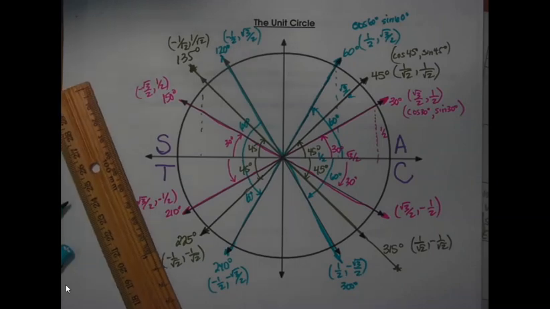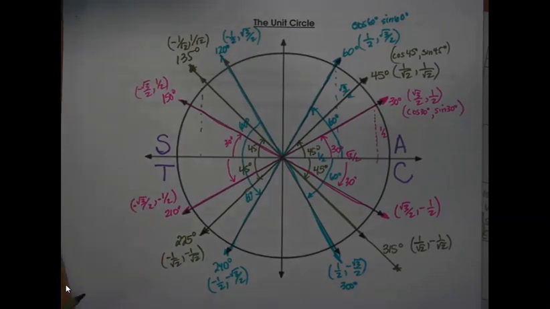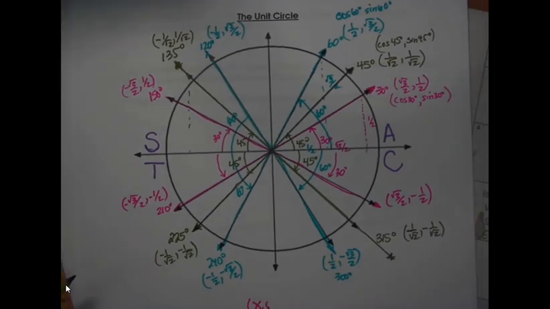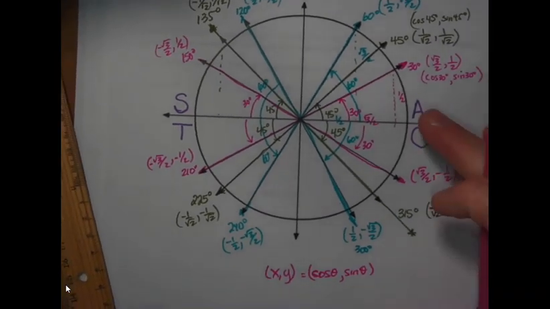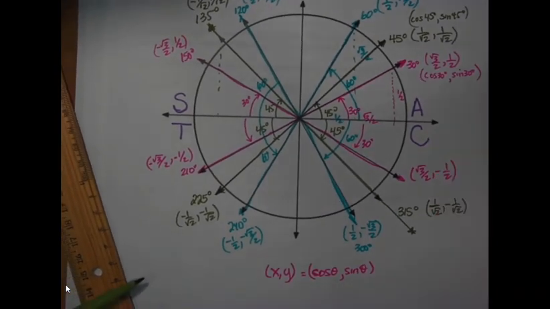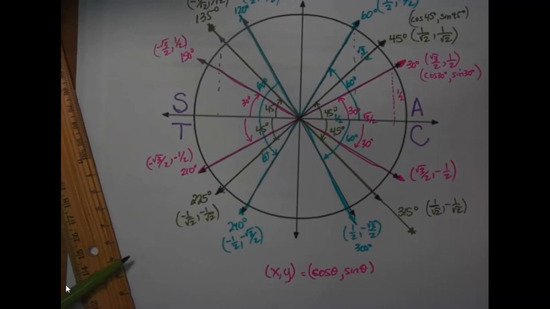All right, but the biggest thing here we want to keep in mind is every point that we have talks about cos theta, sine theta. All right. So there's many different ways of remembering these things and to apply these things.